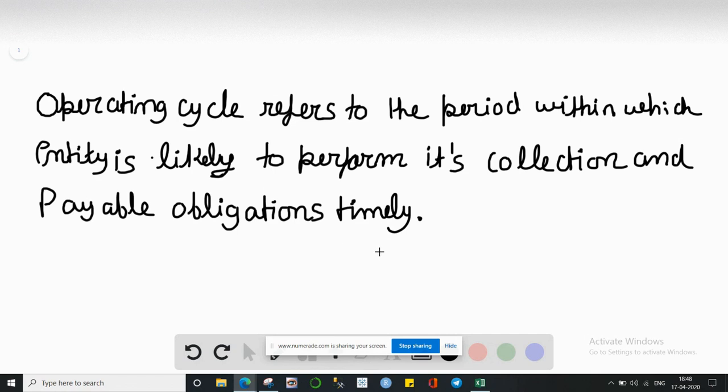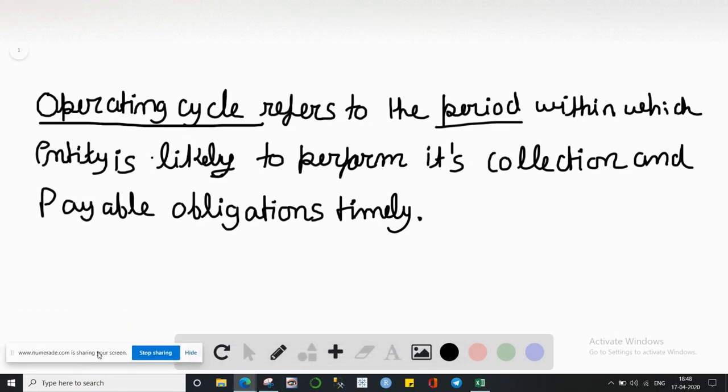So operating cycle refers to the period. It's actually a period, which could be a month, quarter, or a year, within which entity is likely to perform its collection and payable obligations timely. So it's being quite technical. So we will understand this with an example.